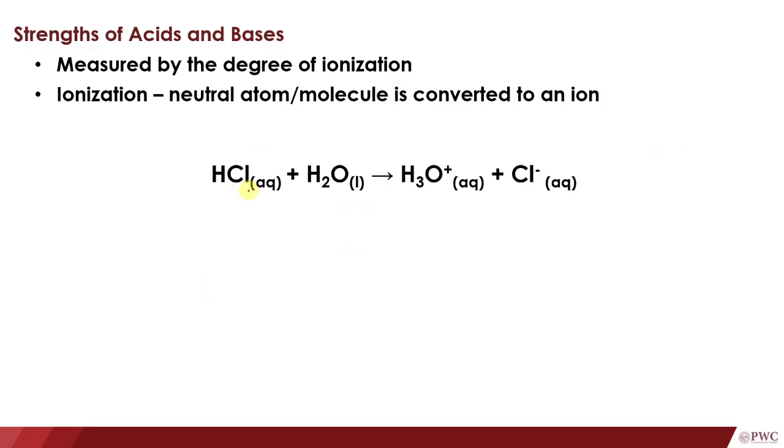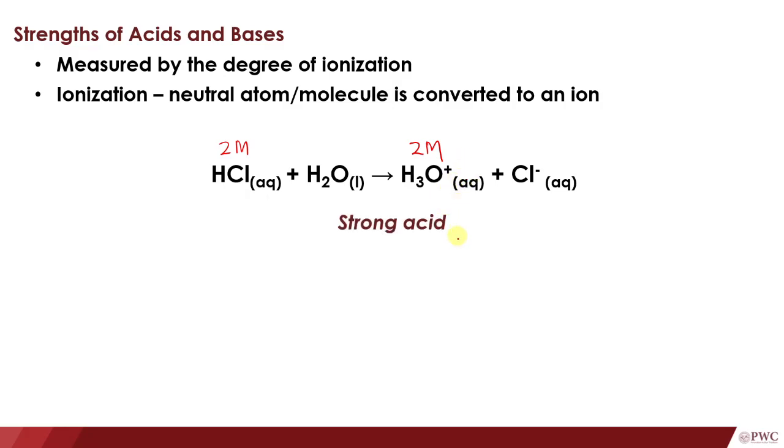Here we have hydrochloric acid reacting with water to form hydronium and chloride ions. Let's say we have 2 molar of hydrochloric acid and it reacts with water, and this reaction produces 2 molar of hydronium ion. This means that this 2 molar of HCl has completely reacted with water, forming 2 molar of hydronium ion.